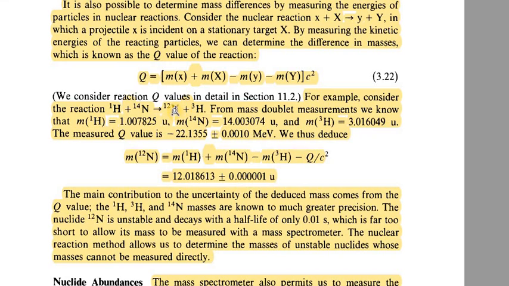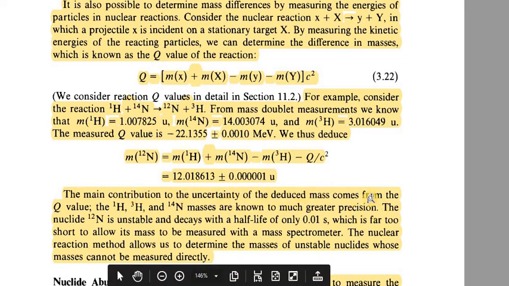We thus deduce the mass of 12N. The mass of 12N is equal to the mass of 1H plus the mass of 14N minus the mass of 3H minus Q by c square, which is equal to 12.018613 plus or minus 0.000001 U. The main contribution to the uncertainty of the mass comes from the Q value.